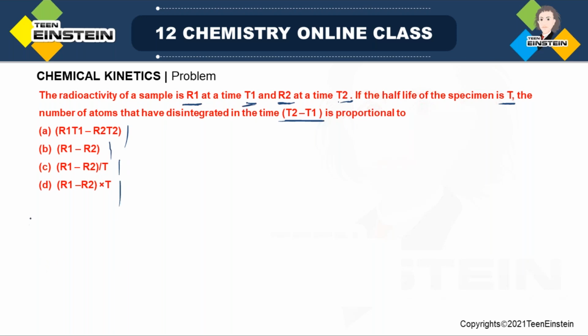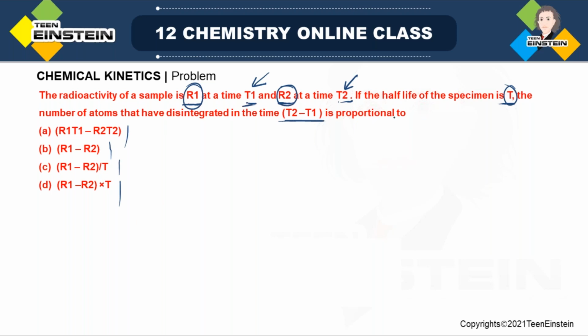Okay, so try to understand the question clearly. The radioactivity at two different times T1, T2 is given as R1, R2. The half-life is also given. So the number of atoms that will disintegrate in the time interval T2 minus T1 is proportional to which of these options?